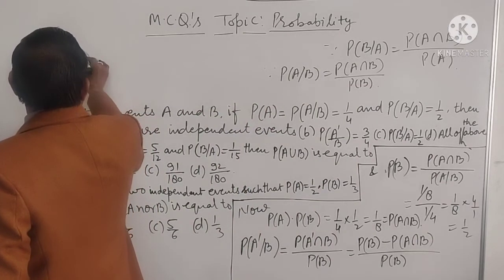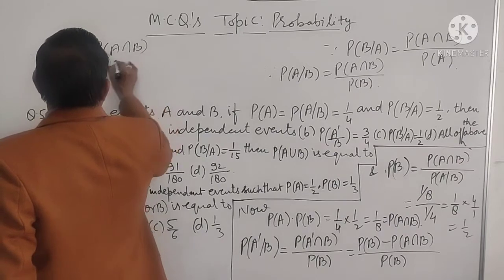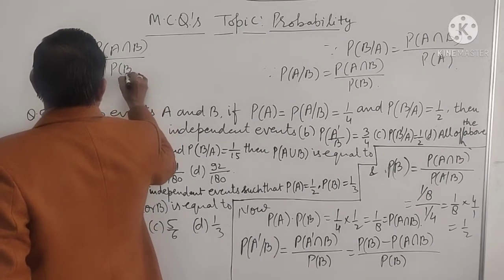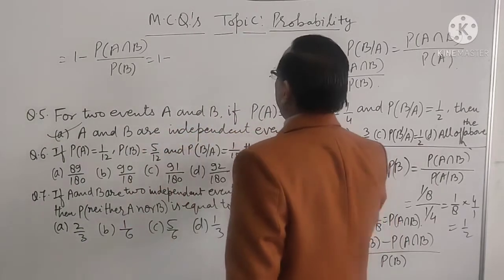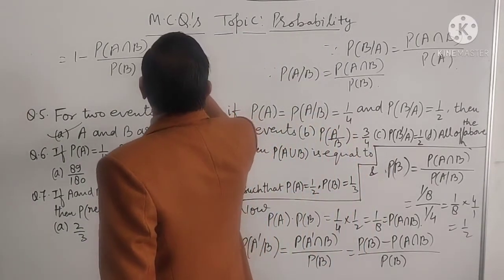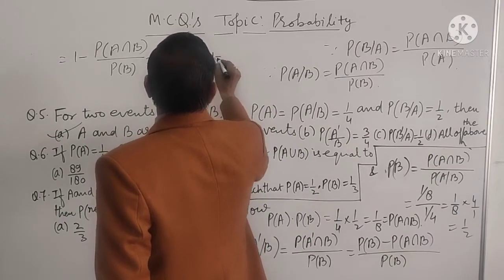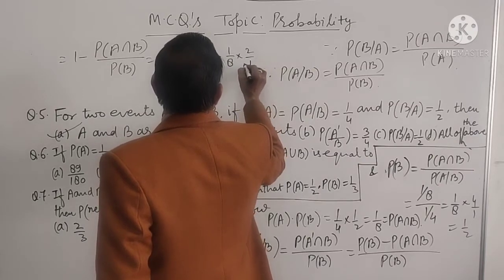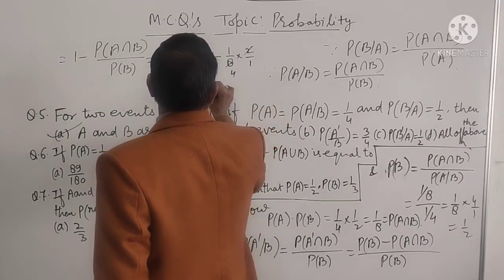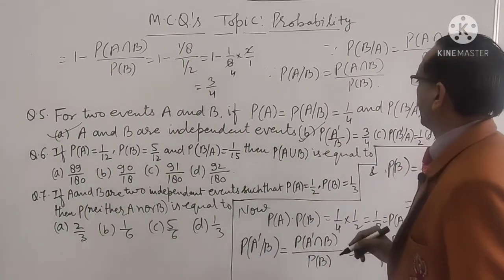Or we can write 1 minus P(A intersection B) upon P(B). 1 minus 1 by 8 upon 1 by 2. So it is 1 minus 1 by 8 into 2 by 1, 1 by 4, it is 3 by 4. So this option is also correct.